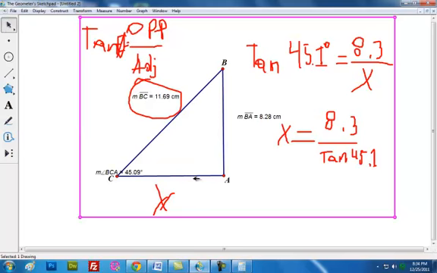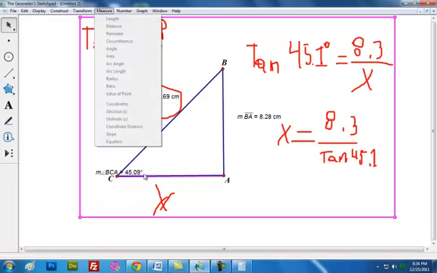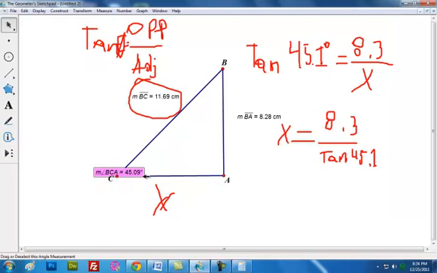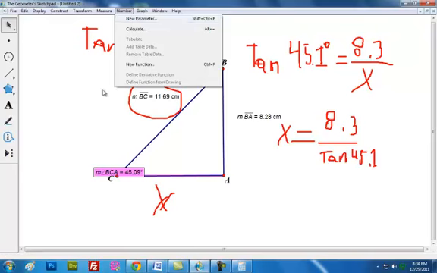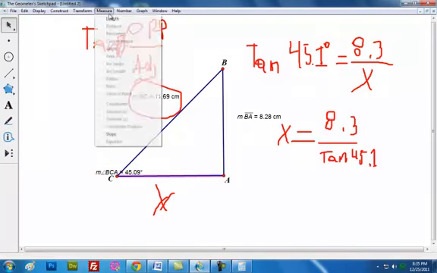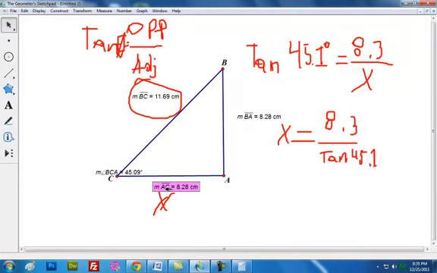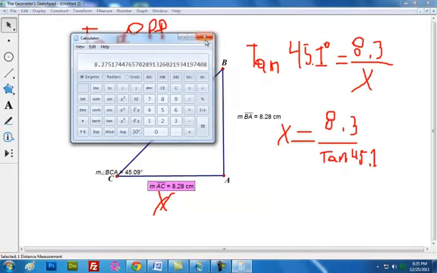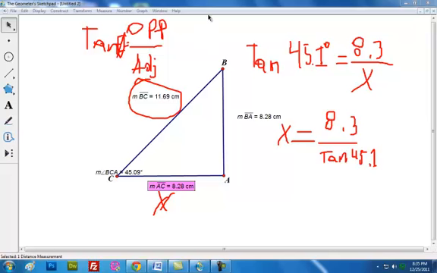So if we were to measure this side, we should get about 8.27. 8.28. Yep. Very close. So that's how you can use SOHCAHTOA to find sides when you know an angle of a right triangle and you know one side, but you don't know the other two.